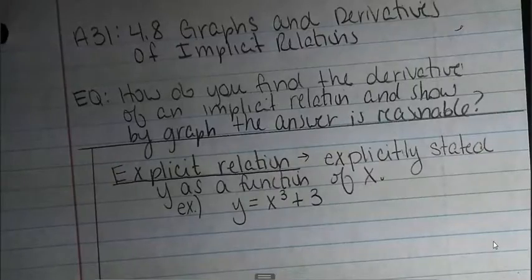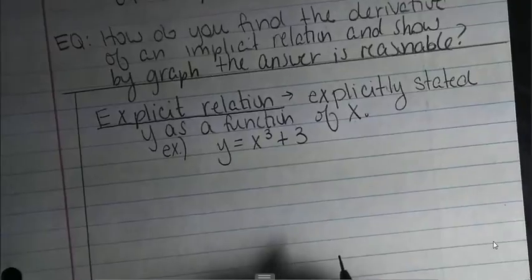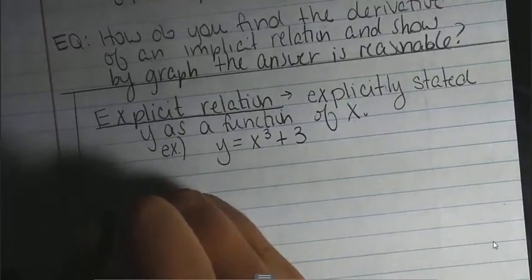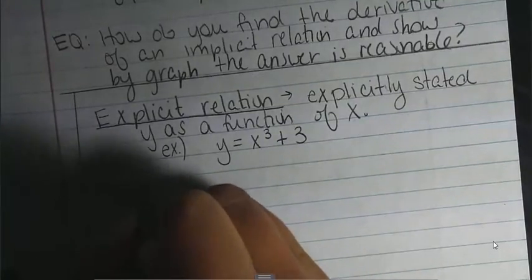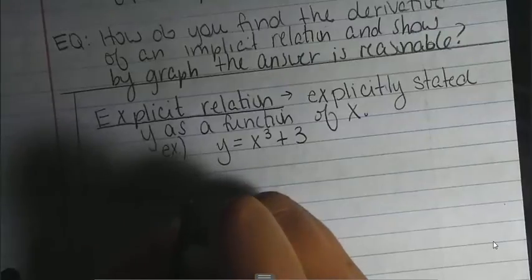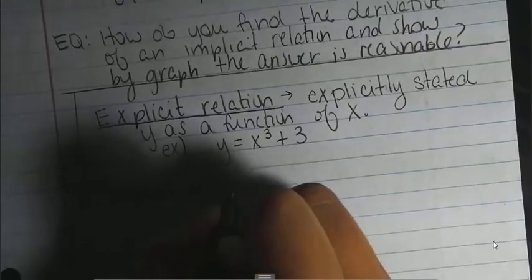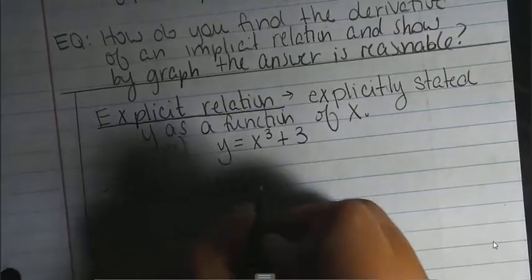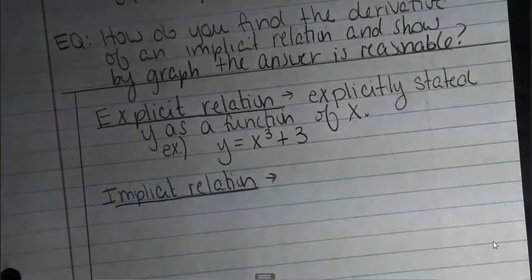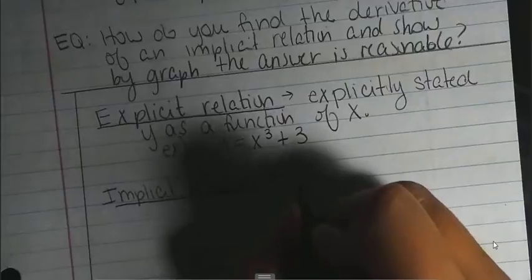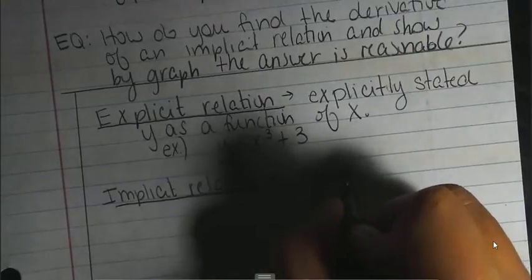Okay, now sometimes though, it's not explicitly stated that y is going to be a function of x, or that y is necessarily your output. So an implicit relation is that kind of a case. This is where it's implied that y is going to be your output.